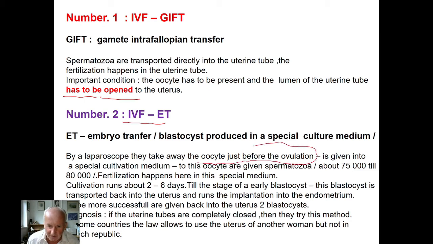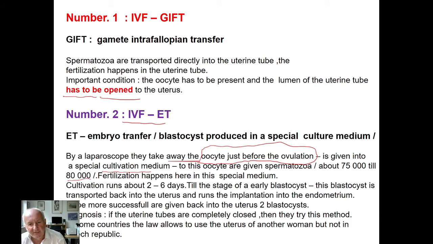They know the menstrual cycle of the lady, and by a laparoscope they try to gain the oocyte. This happens from the Graafian follicle, before it ruptures. Then they put it into a cultivation medium and add thousands of spermatozoa.